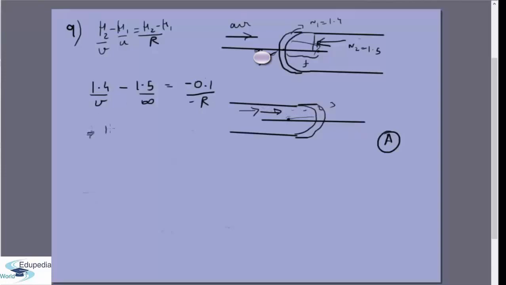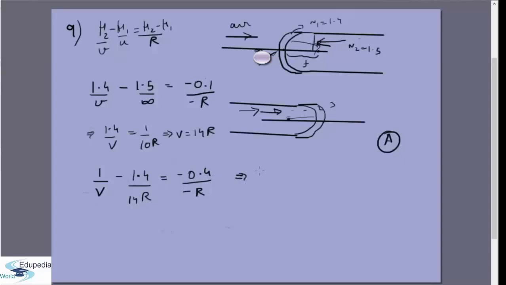So which gives me 1.4 by V is equal to 1 by 10R, or V is equal to 14R. For the second one, 1 by V minus 1.4 by U, U is now 14R, is equal to minus 0.4 by minus R again.